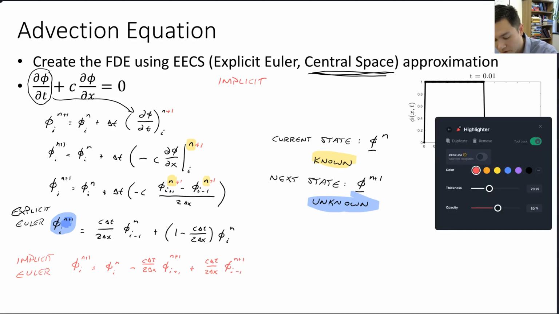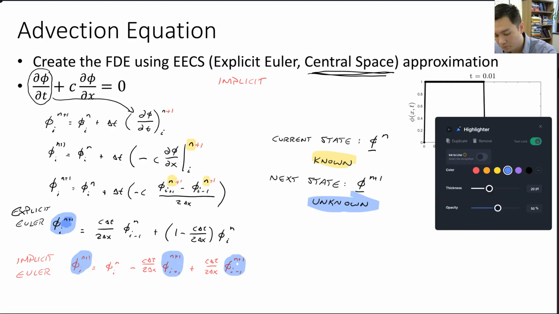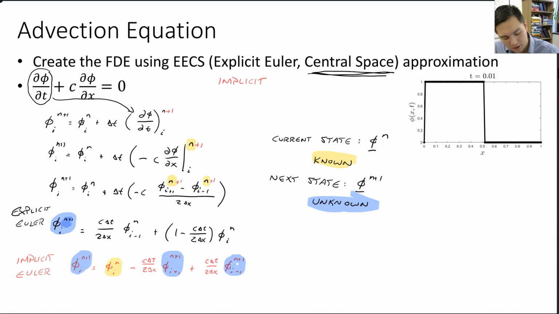Now if I highlight my unknowns, what you'll see is I have 1, 2, 3 unknowns at my state n plus 1, and only one known at my state time index n. Well, fortunately, we have one of these equations for each of our positions in space and a couple of equations for our boundary conditions as well. So we'll have a system of equations. But you can see now using the implicit Euler scheme is going to add a degree of complication.